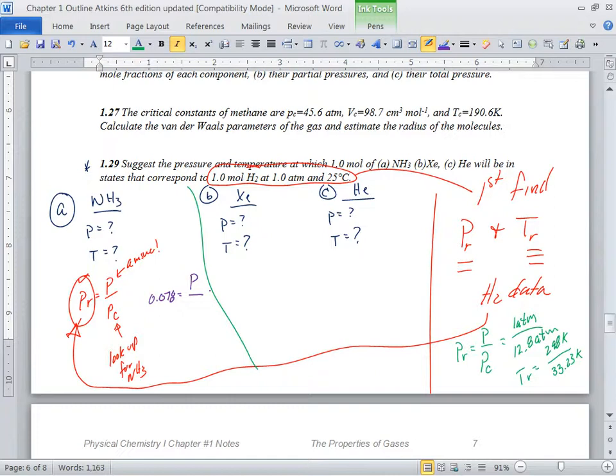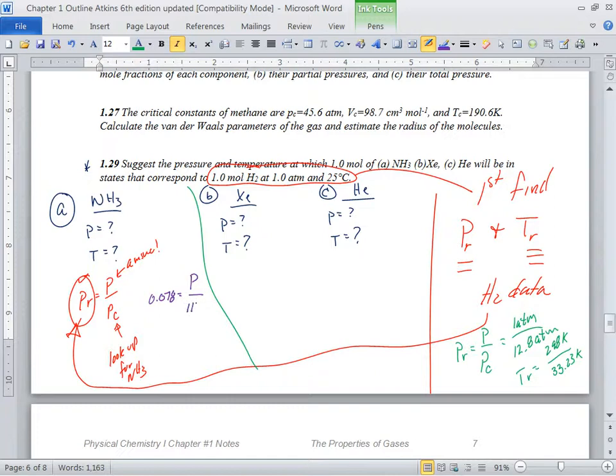Now we got to look up the critical pressure of ammonia for this first one, right? If you want to do this first part. What the heck? Gloriana, did you tear out that page too? Yeah, it's right here. What is it? The critical pressure of ammonia.